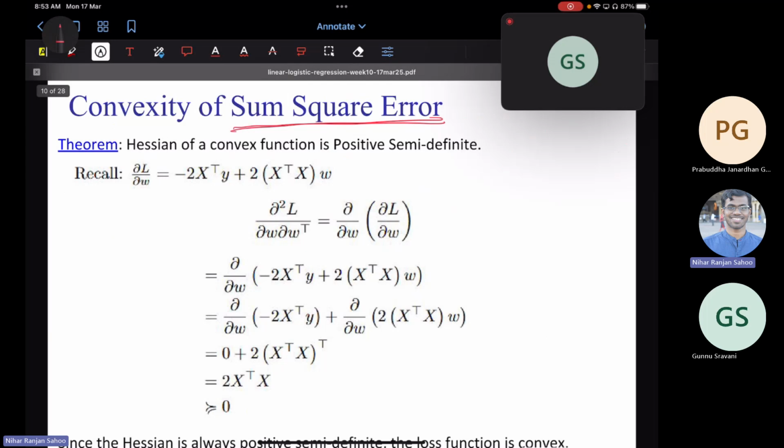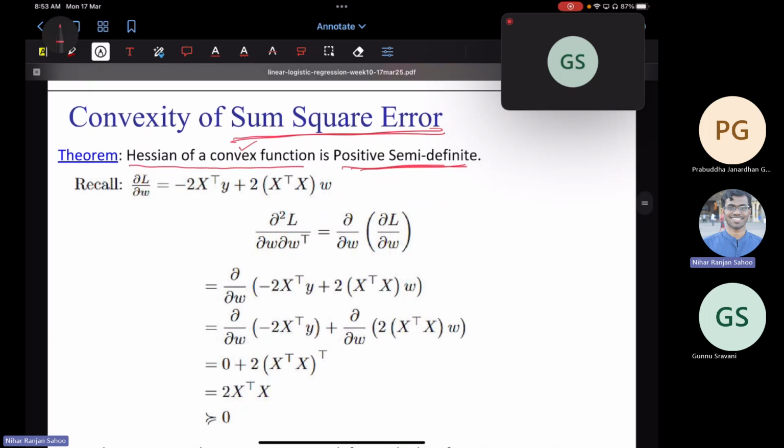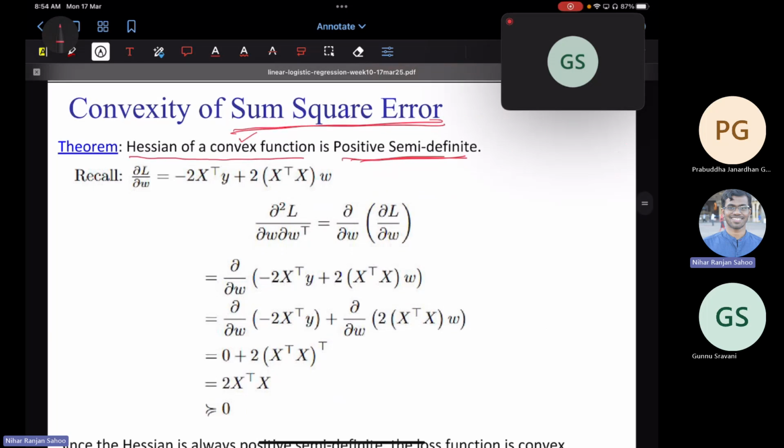The theorem tells that if the Hessian of a function is positive semi-definite, then the function is convex, right? What is the Hessian? The Hessian is the second derivative, the Jacobian is the first derivative. We have already computed the first derivative.